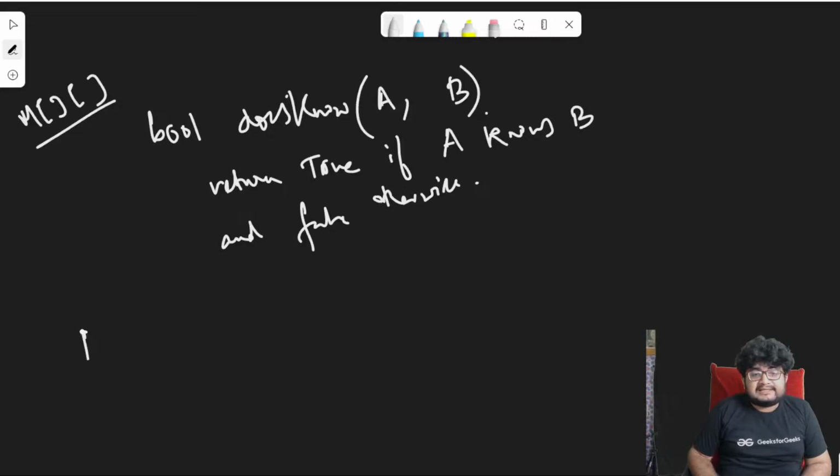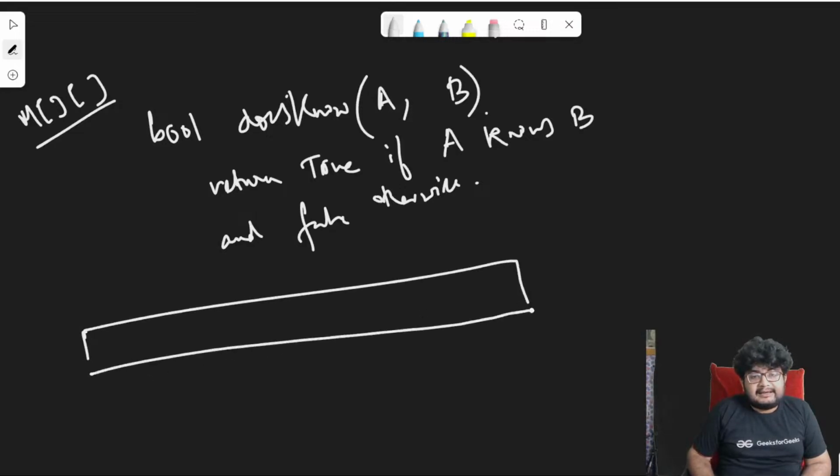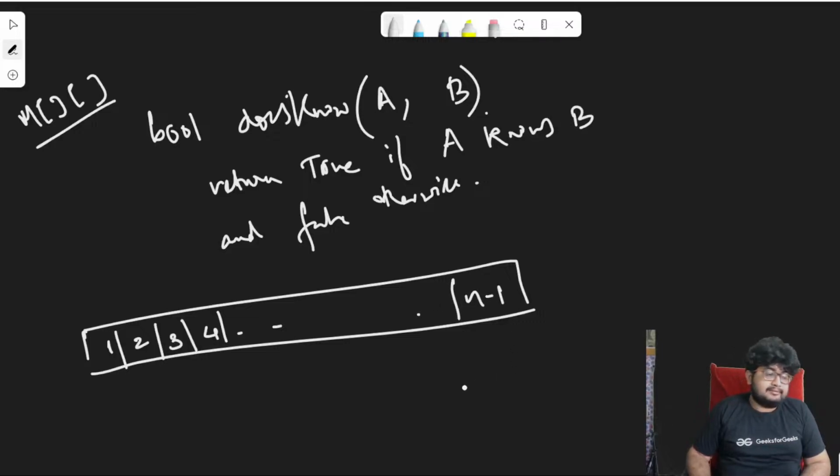Let's say the people are arranged as 1, 2, 3, 4, like that up to n minus 1. Now we will keep two pointers, pointer 1 and pointer 2.